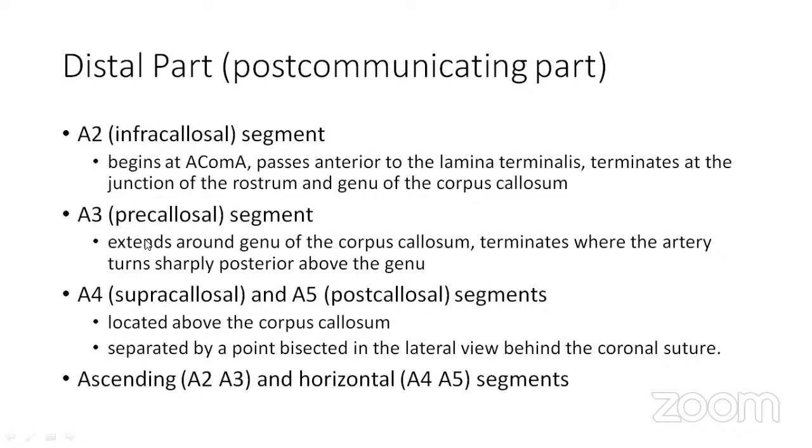A3 is the precallosal segment, which extends around the genu of the corpus callosum and terminates where the artery turns sharply posterior above the genu. A4 supracallosal and A5 postcallosal segments are located above the corpus callosum, separated by a point dissected in the lateral view behind the coronal suture, with ascending A2, A3, and horizontal A4, A5 segments.